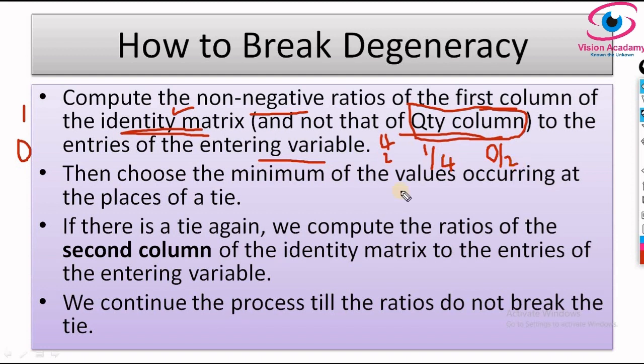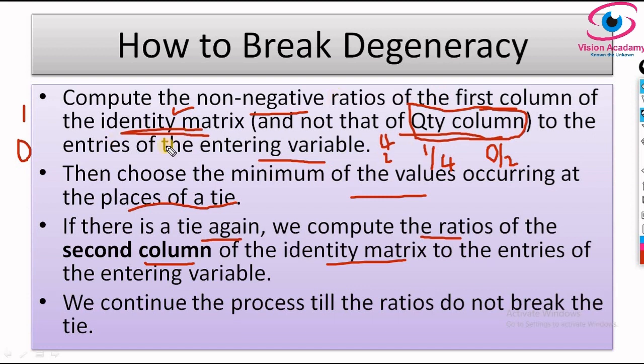After doing so, choose the minimum of the values occurring at the place of tie. We already know how to select the minimum value in the replacement ratio. Again, if there is a tie, we have to compute the ratio using the second column of the identity matrix.